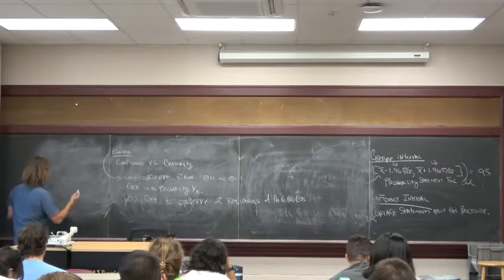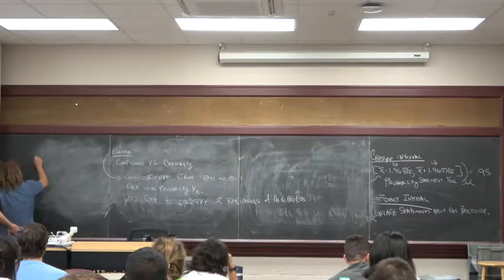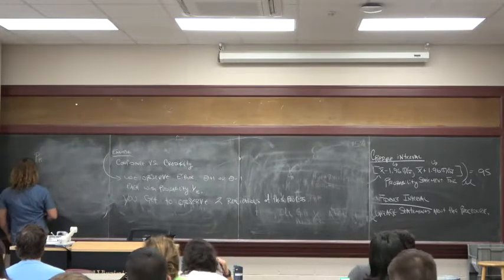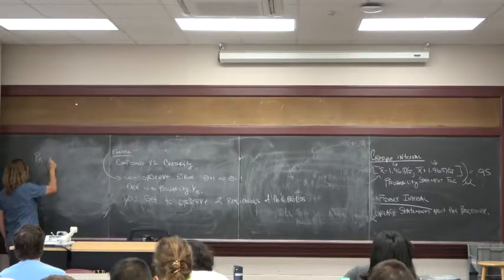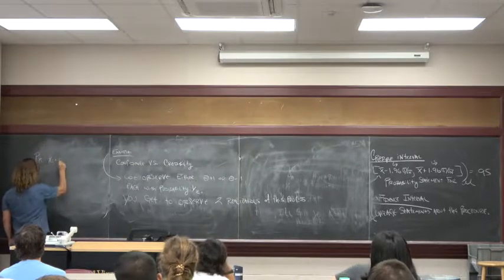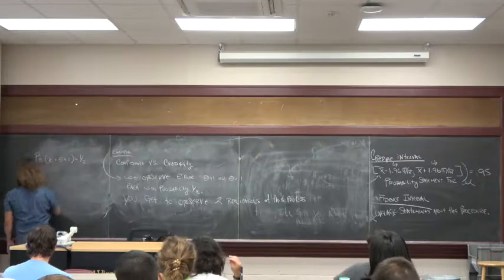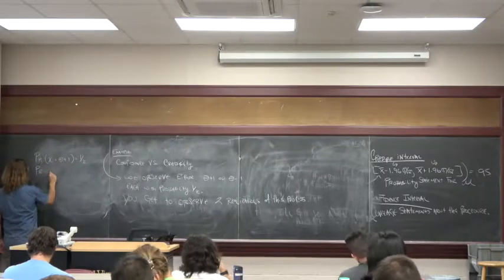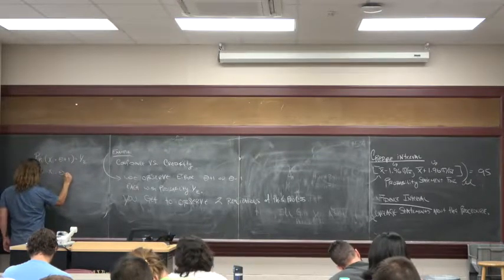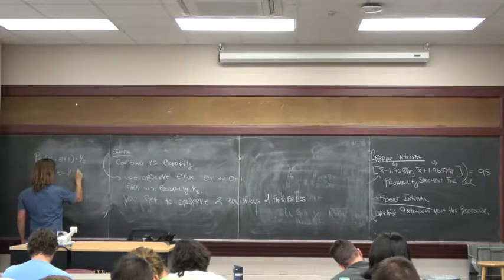So let me just write it out a little bit more mathematically. Your model is this. Probability xi is equal to theta plus 1 is equal to ½. The probability xi is equal to theta minus 1 is equal to ½.